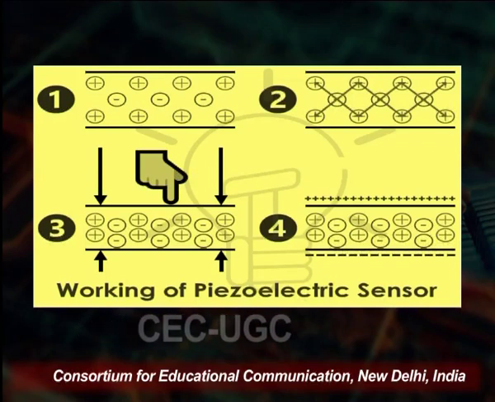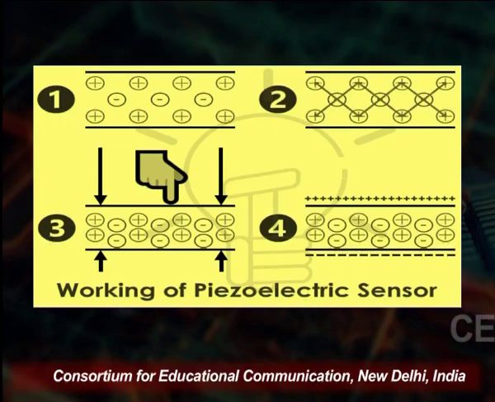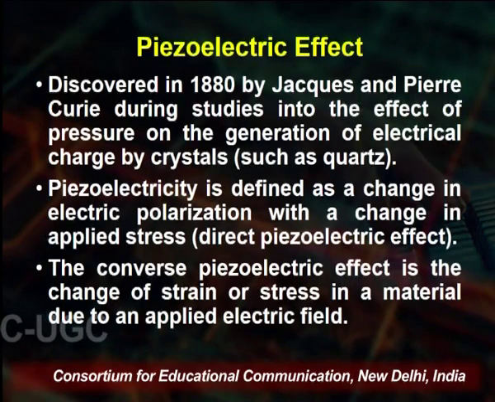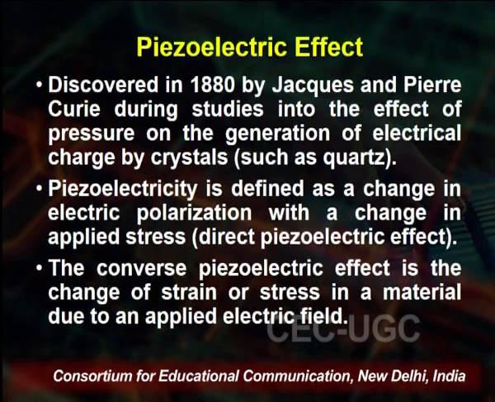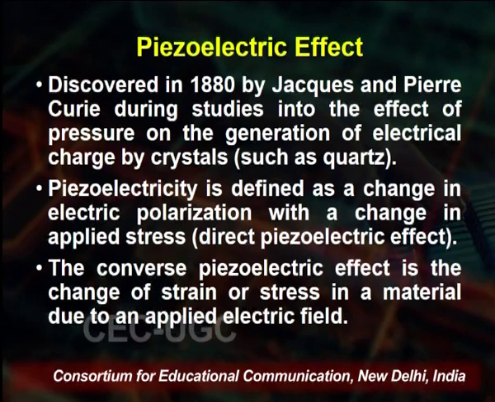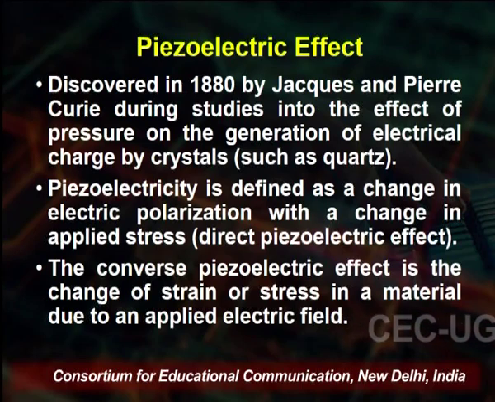We will discuss briefly what this piezoelectric effect is. It was discovered in 1880 by Jacques and Pierre Curie during studies into the effect of pressure on the generation of electrical charges by a crystal, and that crystal was quartz. Piezoelectricity is defined as a change in the electric polarization with the change in the applied stress. It means when we apply stress, there is a change in the electric polarization, and that is the direct piezoelectric effect.